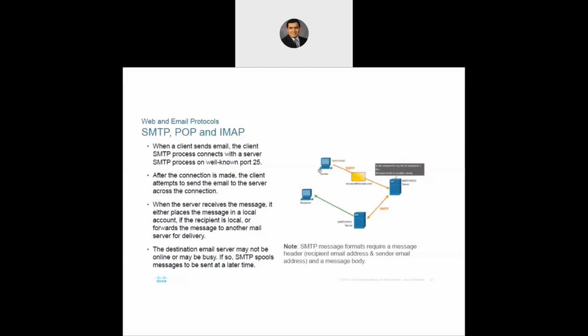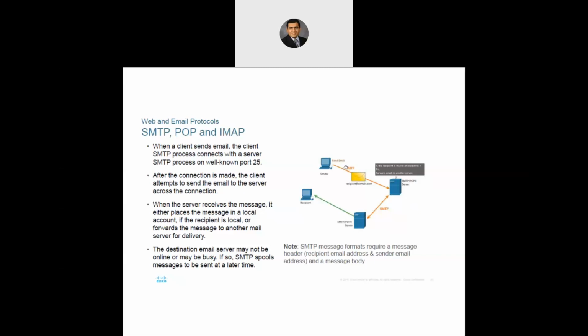Okay, usually a sender will send the email to a certain person. Now, when you give the email address, it goes to that server denoting the email address. So when it's sent from the sender to the server, it uses the SMTP protocol.